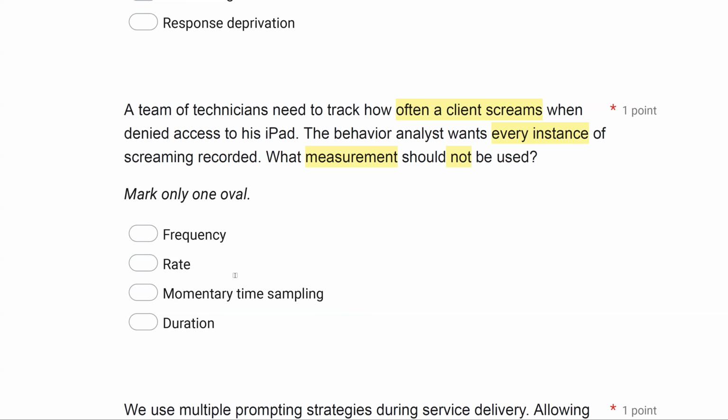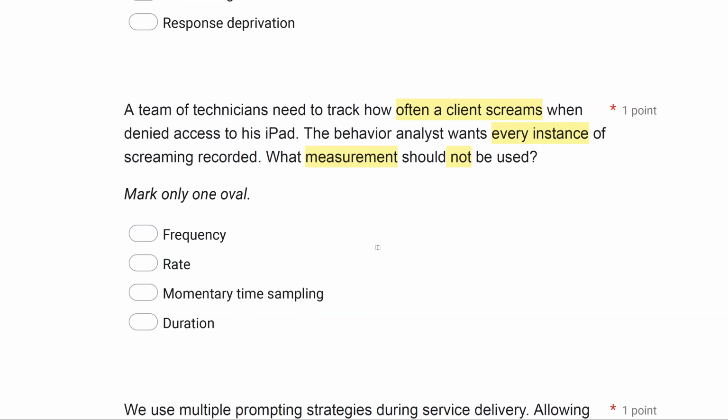What about rate? Well, rate is also continuous measurement. It also is tied to frequency, given the fact that rate is frequency over time. What about momentary time sampling? Momentary time sampling is a discontinuous measurement procedure. It has to do with a sample of time, not necessarily the entire session or the entire measurement opportunity.